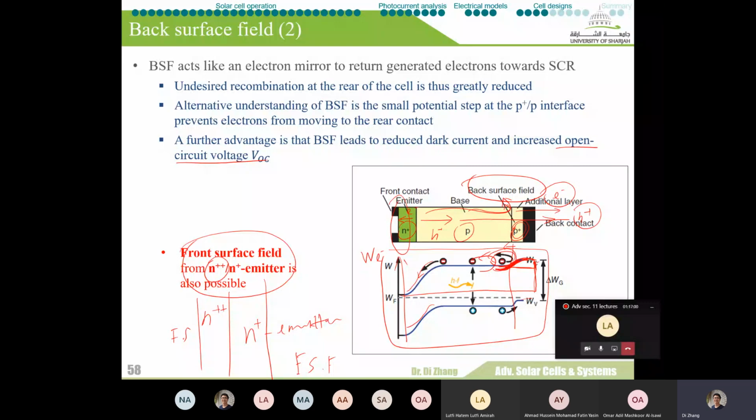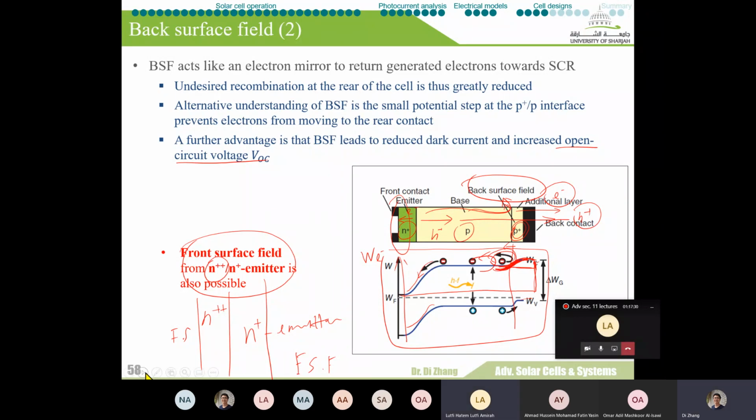Definitely if you want to introduce a back surface field, you have to control the doping level very precisely. So obviously this will add to the cost of the solar cell. But at the same time, if you look at the papers for all the high performance solar cells, most of the time they will have a back surface field or front surface field, of course at the sacrifice of cost.